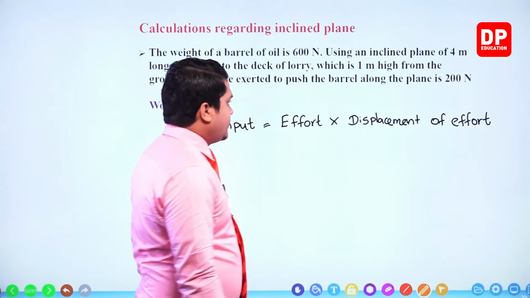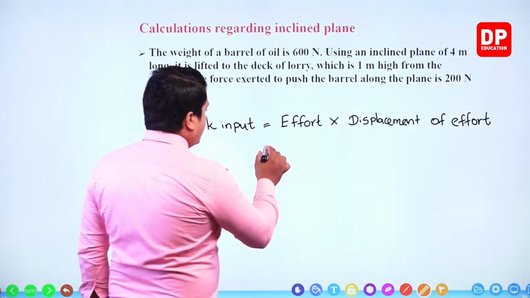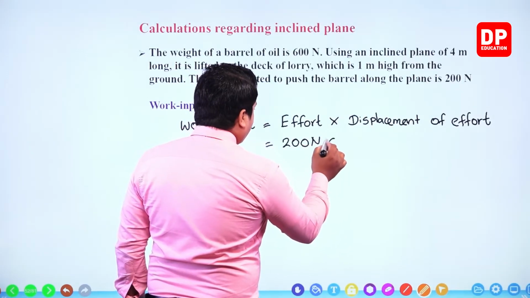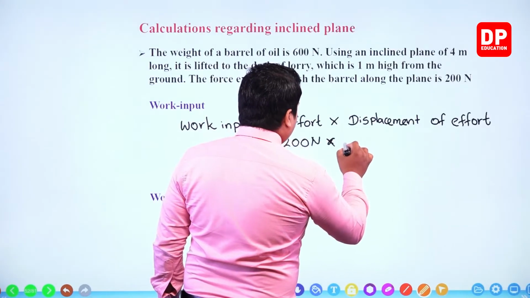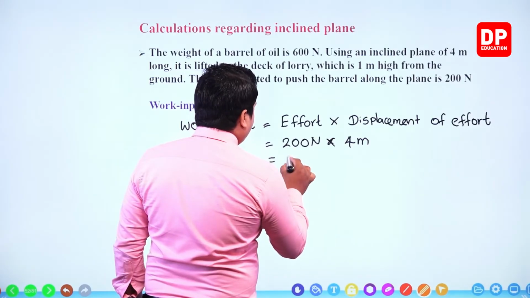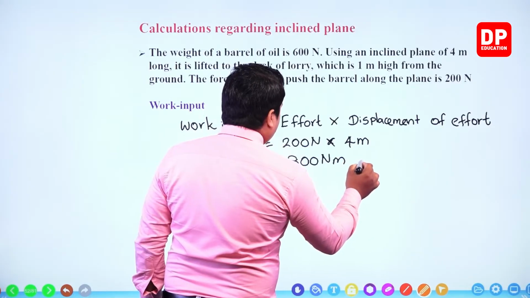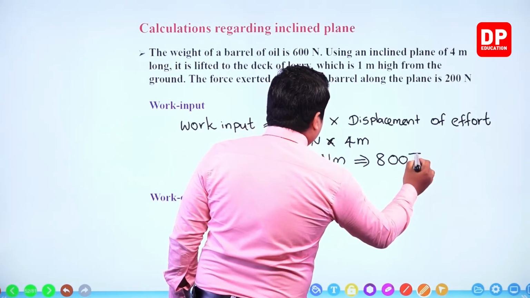So the effort is 200 Newton. It has traveled 4 meters, so it is equal to 800 Newton meters, which is equal to 800 joules.